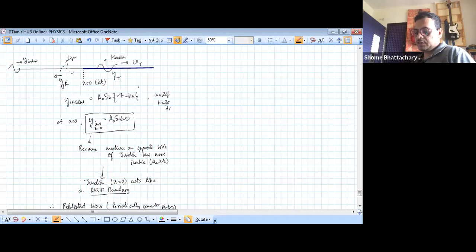So that is one of the equations we will have to incorporate. So to get the value of amplitudes, we'll actually have to incorporate power conservation.